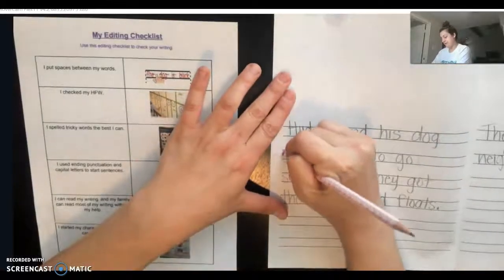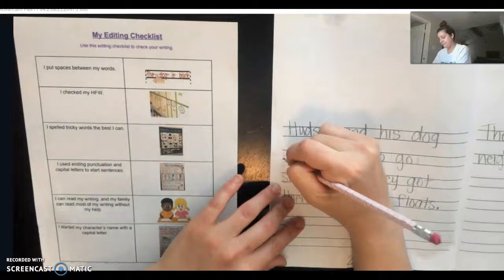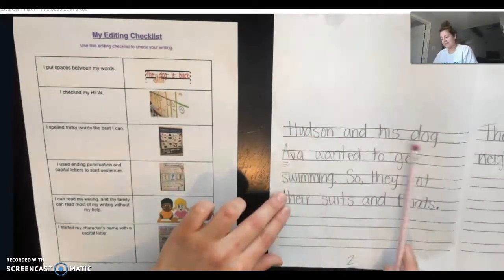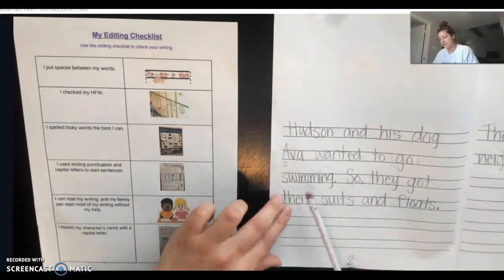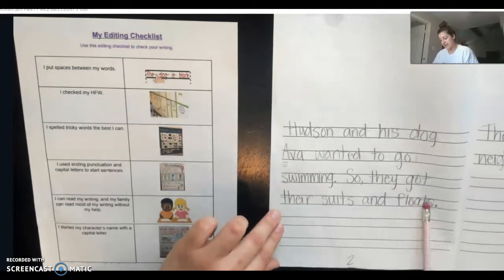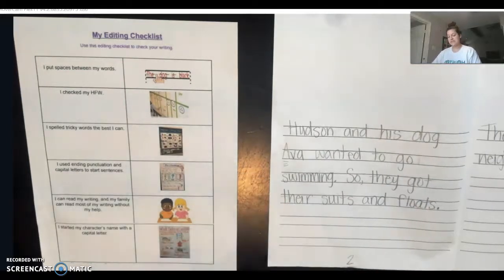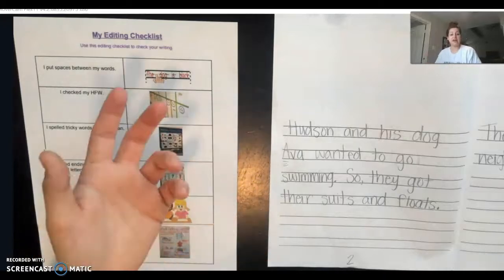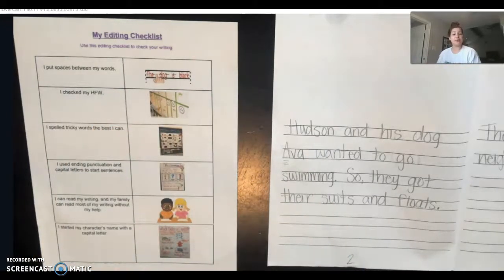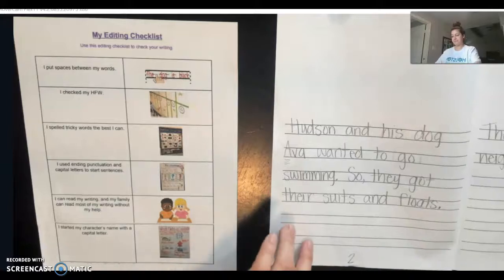So I'm going to erase it because I used a pencil. Ava. Hudson and his dog Ava wanted to go swimming. So they got their suits and floats. So this is the beginning, the introduction. I am introducing my characters and telling what my story is going to be about.